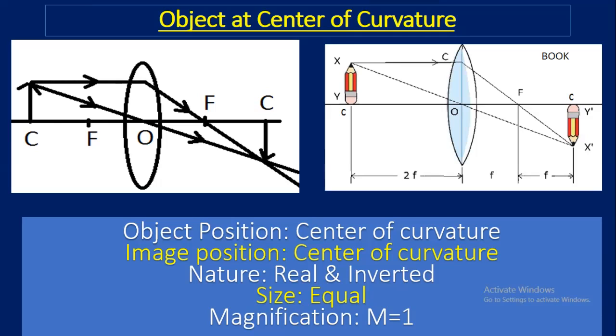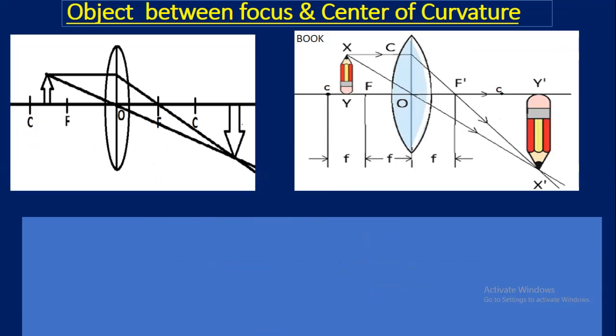Here, the object is placed at the center of curvature, and the image will be formed at the same position, that is the center of curvature. The nature of the image is real and inverted, the size is equal, and the magnification is equal to 1. Our next condition is if the object is placed in between focus and the center of curvature.